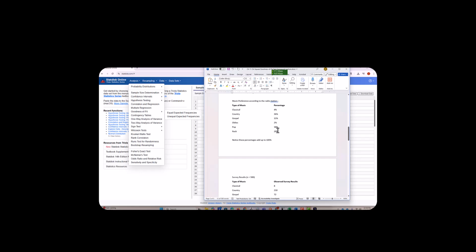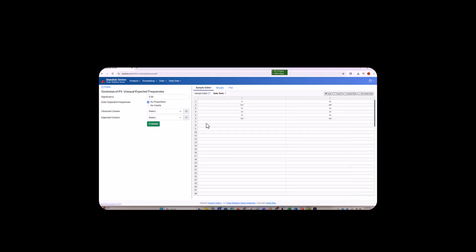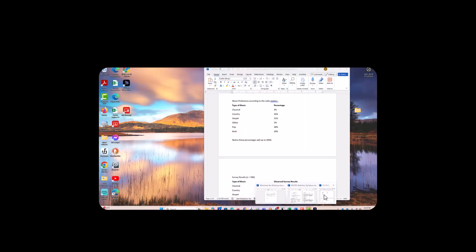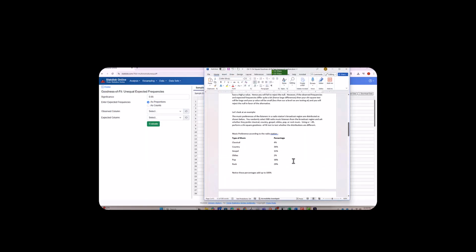If they were going to be equal expectancy, just like if you were rolling a die, what's the probability you get a 1 or 2 or 3 or 4 or 5 or 6? Those are all equal, 1 over 6. So these are not equal. So these are unequal expected frequencies. What level are we testing this at? 0.05.